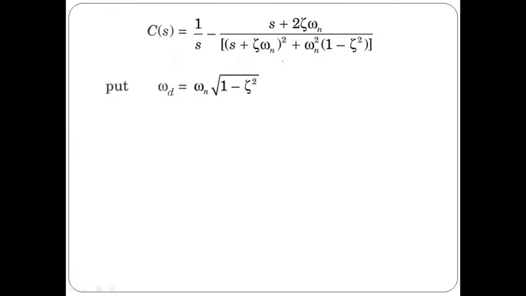Now in this case, this term, which is nothing but omega n square root 1 minus zeta square, we are going to denote by some other terminology, which is omega d. This is called the damped frequency of oscillations. Omega n under root 1 minus zeta square is omega d.